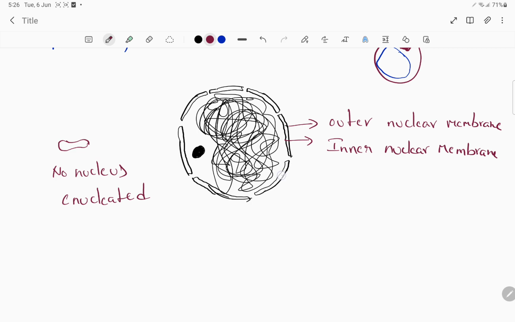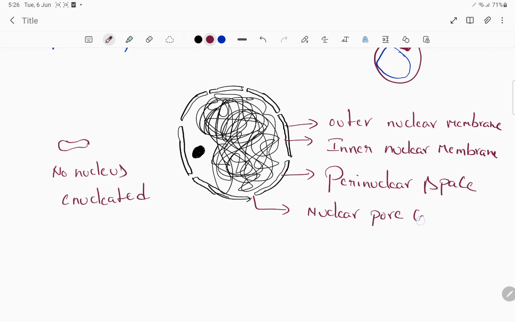And here we have the perinuclear space. And we have the nuclear pore complex, which is surrounded by a structure called the annulus.